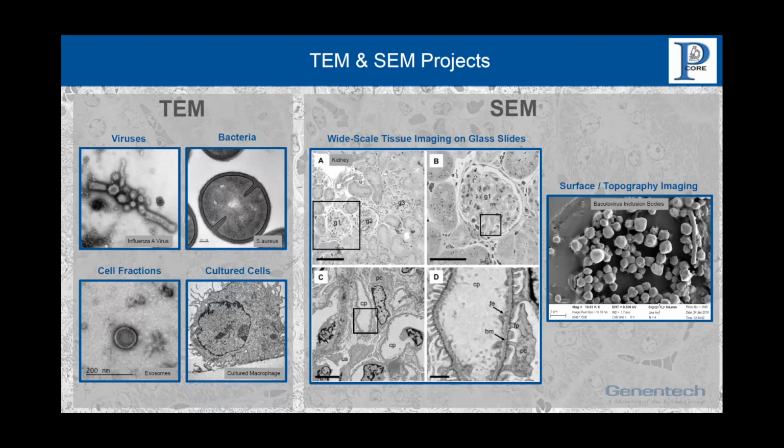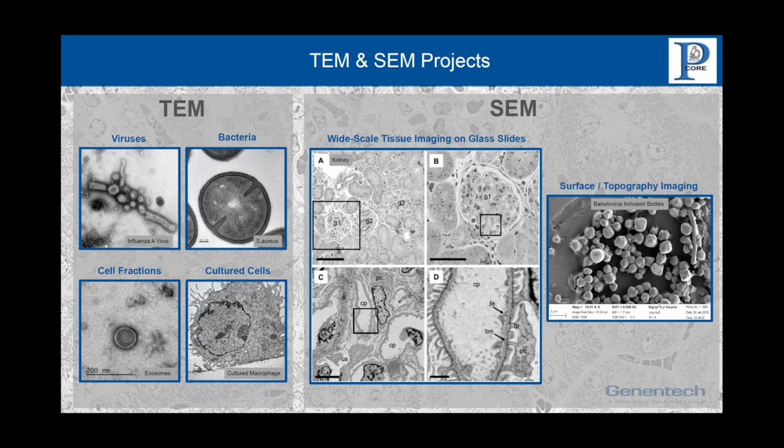Now, when we have a quick look at what kind of projects we currently do on either the TEM or the SEM platform, you may be surprised that you will see that there are no tissues analyzed with the transmission EM. Instead, the transmission EM currently is mostly reserved to study at high resolution using negative staining methods.